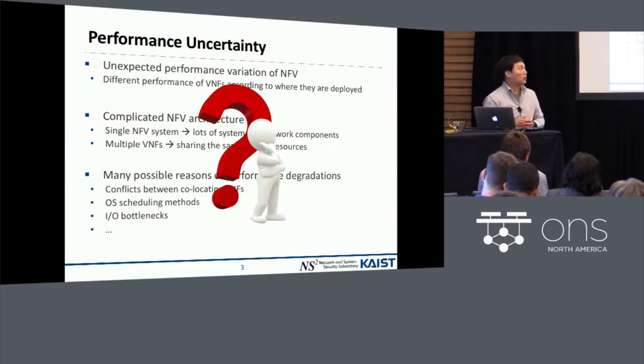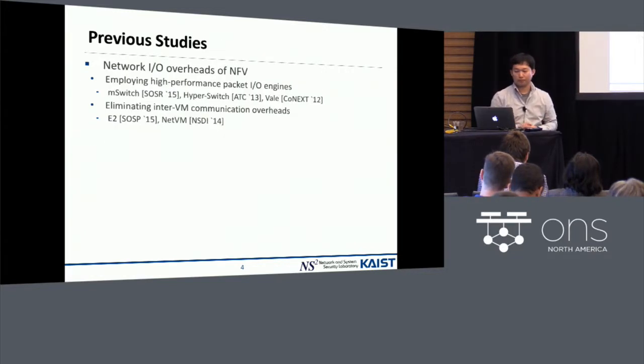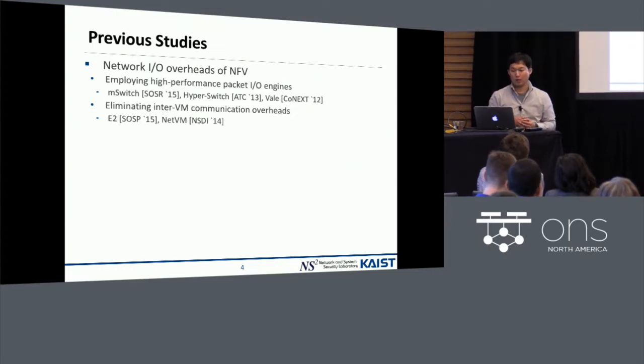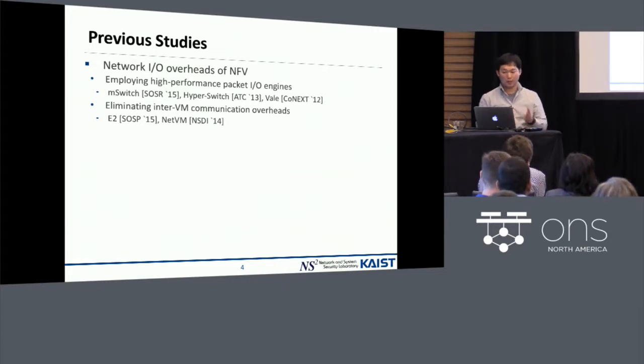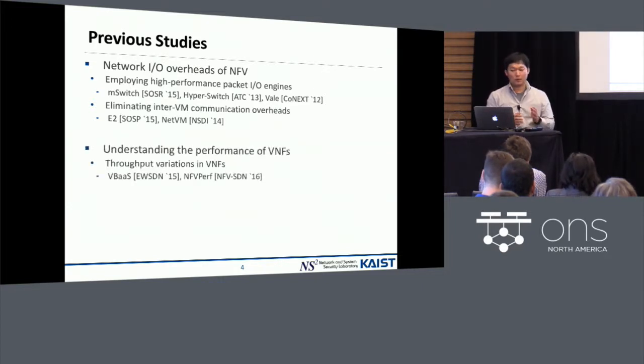Then let's first talk about how previous works address such performance issues. Previous works mostly focus on some specific performance issues, especially the ones caused by network I/O overheads. So some works introduced high-performance packet I/O engines, and some other works introduced zero-copy packet delivery through their shared memory architecture. And in terms of performance analysis across VNFs, there were some early-stage works.